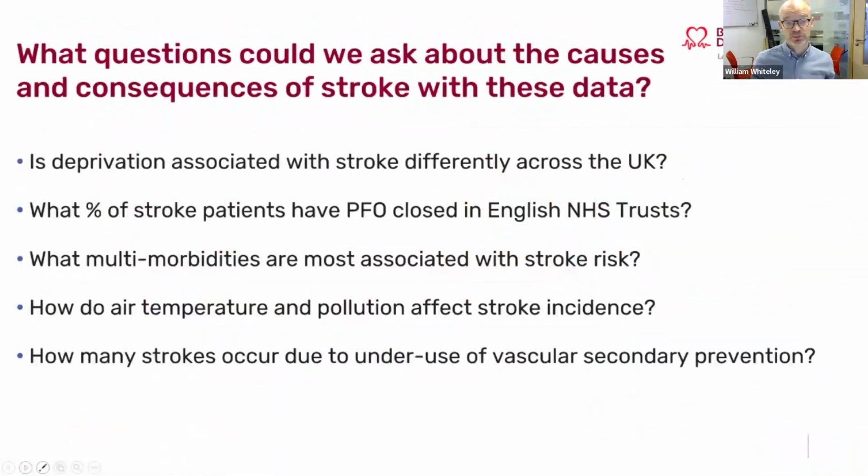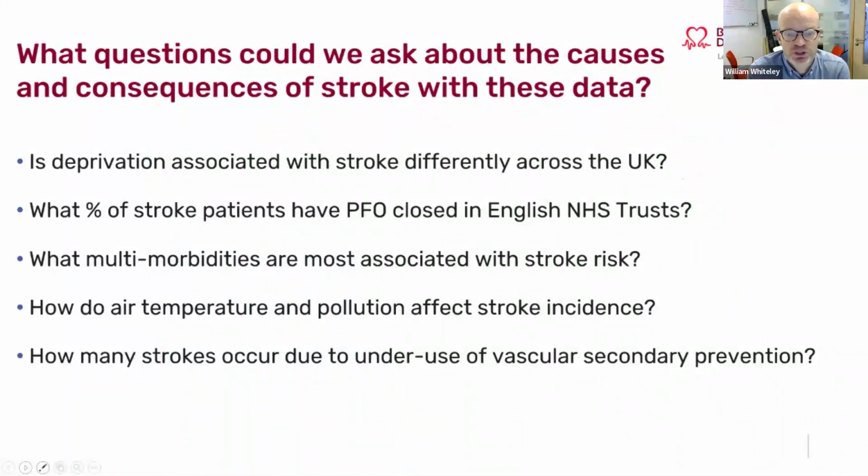Those are some examples of the questions we have answered, but remember there are many other questions we could answer with these health systems data. We could ask whether deprivation is associated with stroke differently across the United Kingdom. What percentage, for example, of stroke patients have a patent foramen ovale closed in English NHS trusts? What multi-morbidities are most associated with stroke risk?